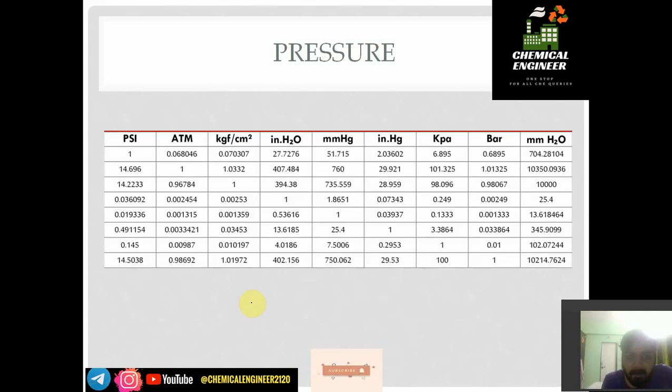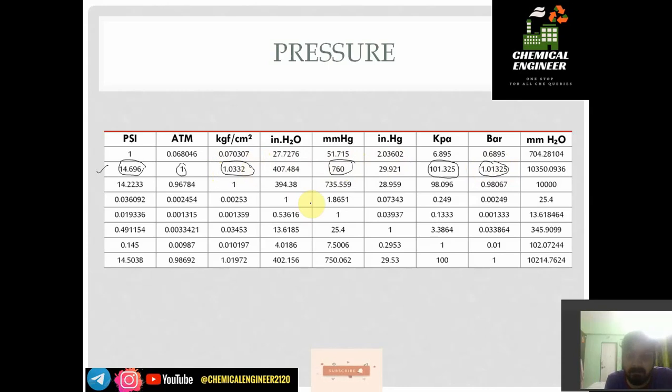Now for pressure, we have to remember values in terms of ATM. You should remember this second line. 1 ATM is equal to 14.7 psi, 101.3 kilopascal, 1.0132 bar, 760 millimeter mercury, and 1.03 kgf per centimeter square, or kg force per centimeter square.